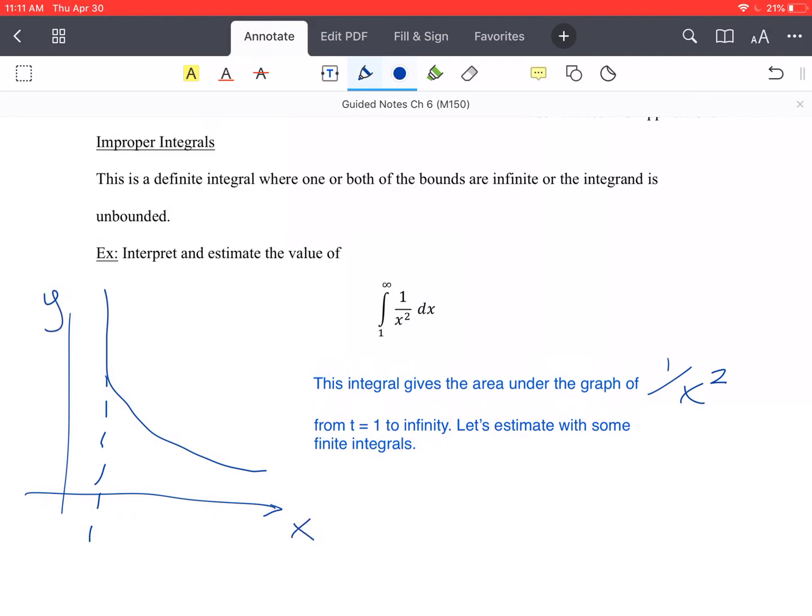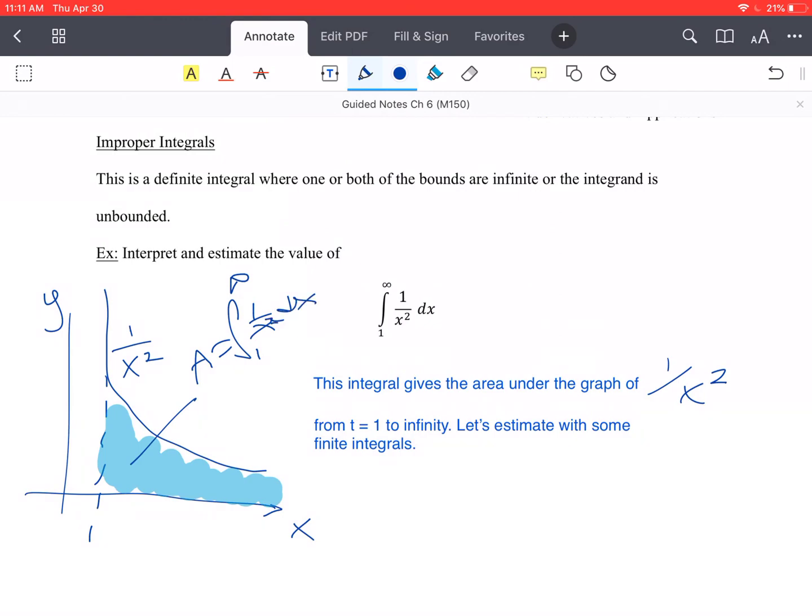Obviously that's the y. And we are looking for this area right here, heading off towards positive infinity. Here's the curve, this is 1 over x squared. This area in here is the integral from 1 to infinity of 1 over x squared dx.